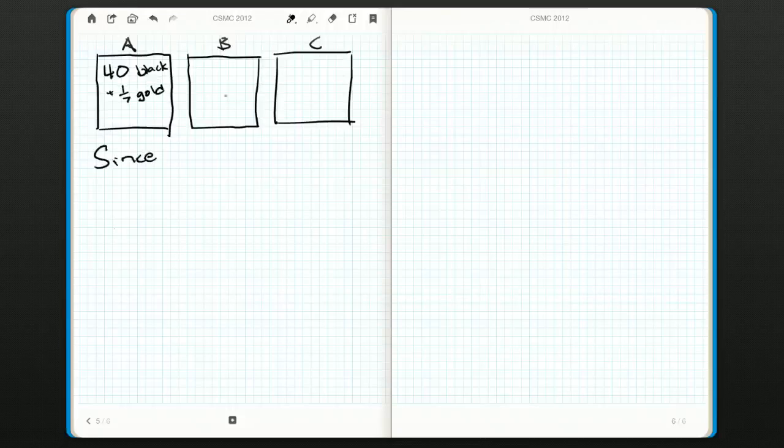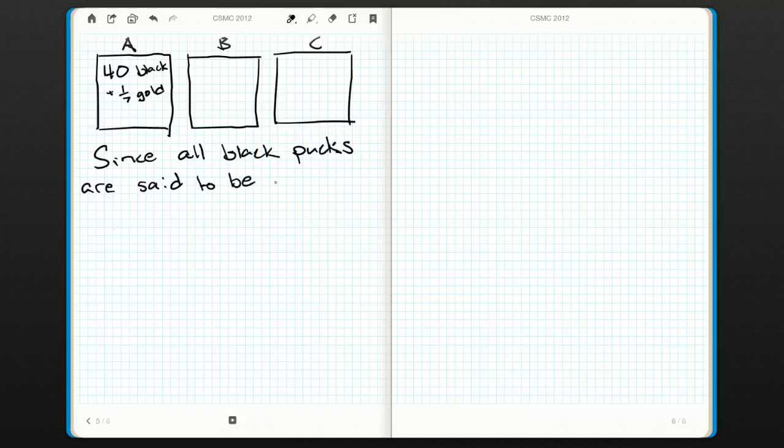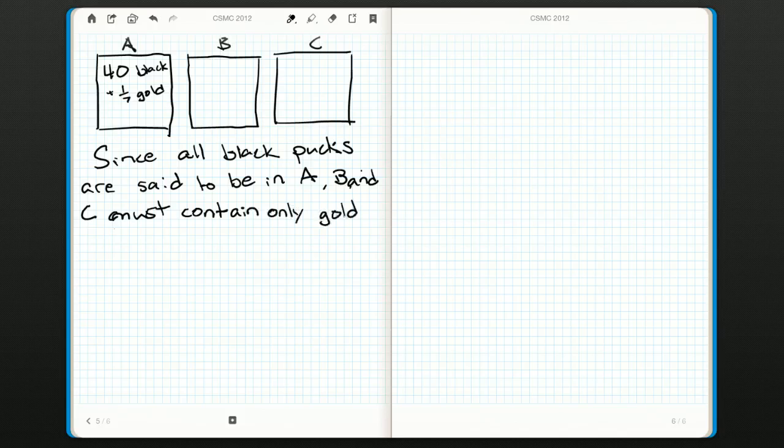So there are no black pucks in B or C because they said all the black pucks are in the first box, A. Alright, so B and C must contain only gold pucks.